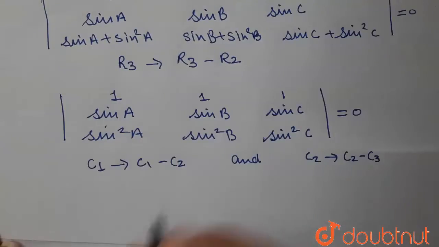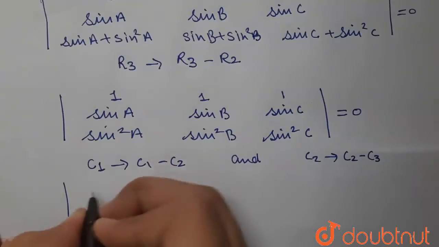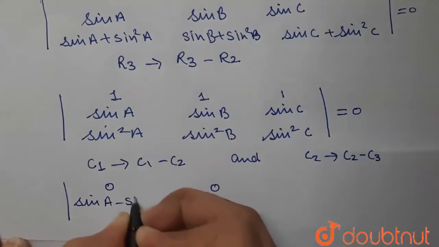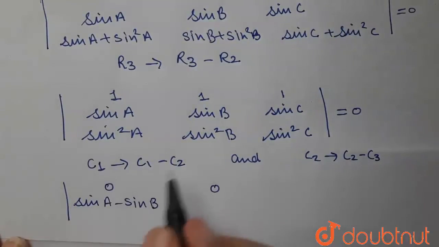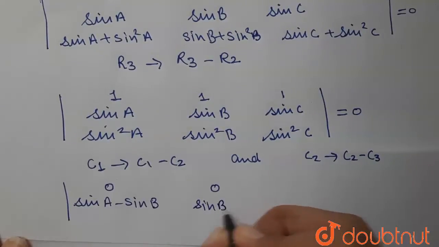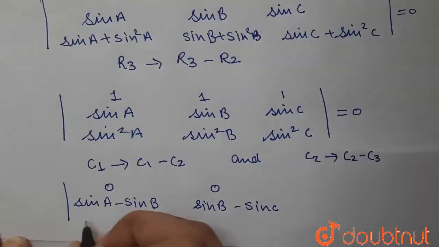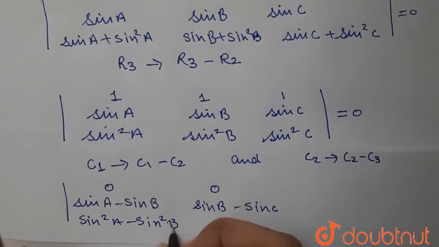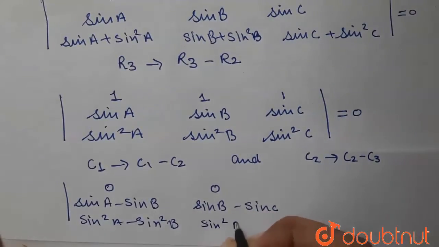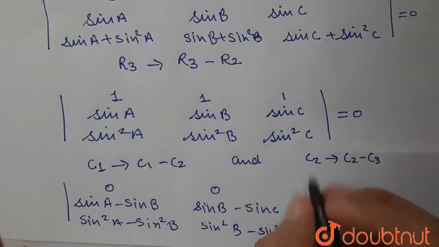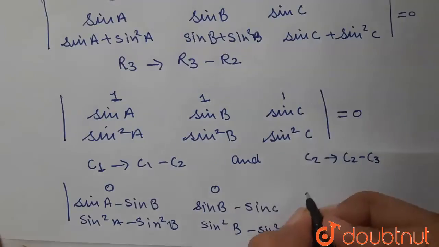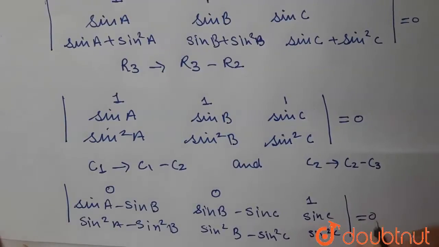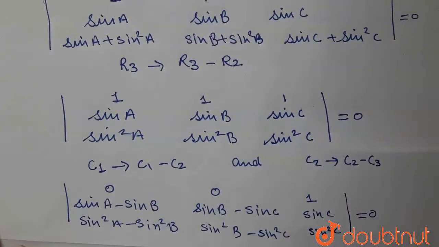Okay, so on applying this, in column 1 and column 2, here we will get 0, here we will get sine A minus sine B, and here we will get sine B minus sine C, and here we will get sine square A minus sine square B, and here sine square B minus sine square C, and this column will remain as it is, so 1, sine C and sine square C. This is equal to 0.